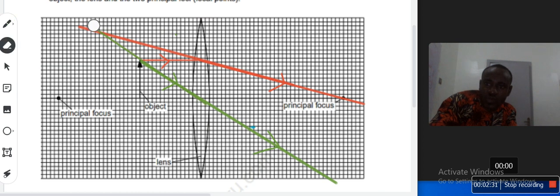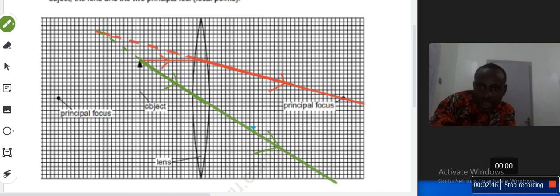Now where these two rays appear to meet, remember these are virtual rays, they don't actually meet at this point. That's why I showed them with dotted lines.